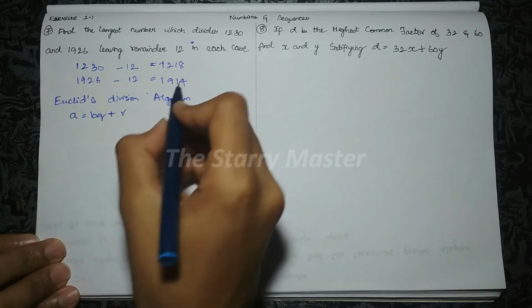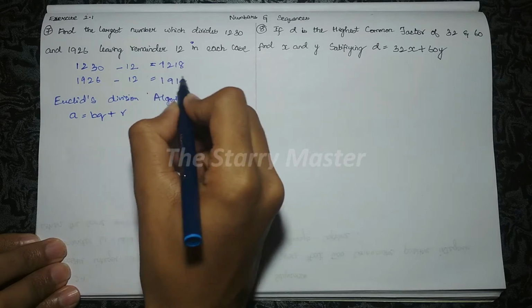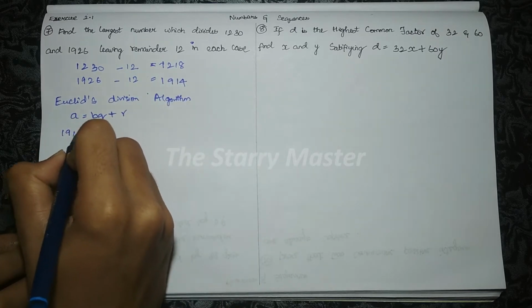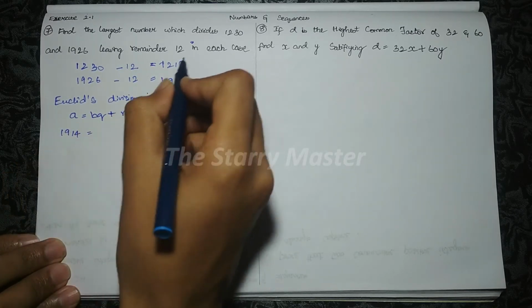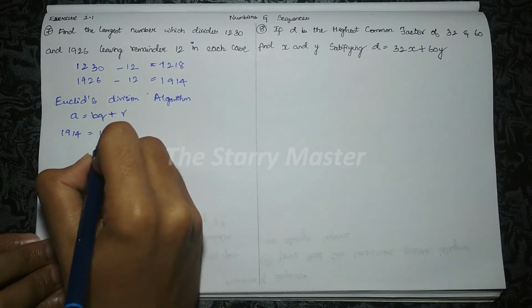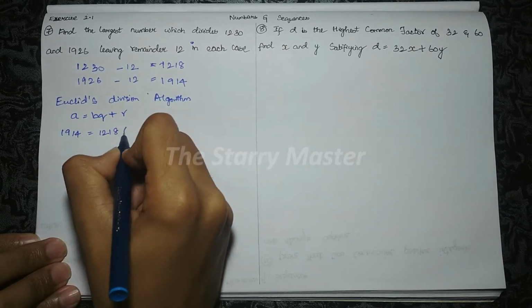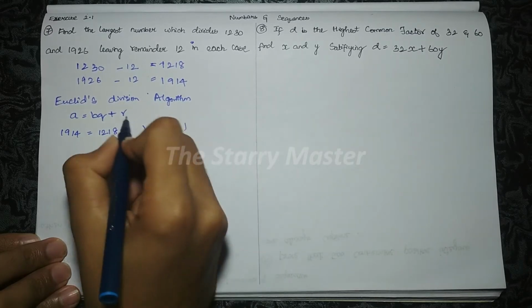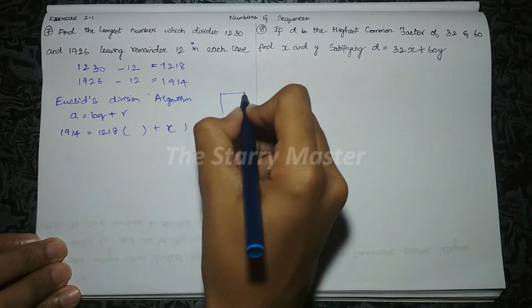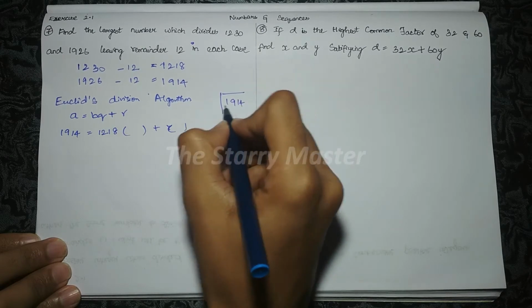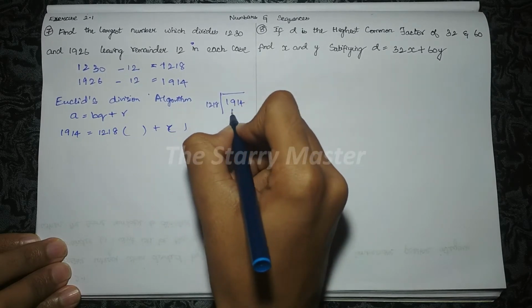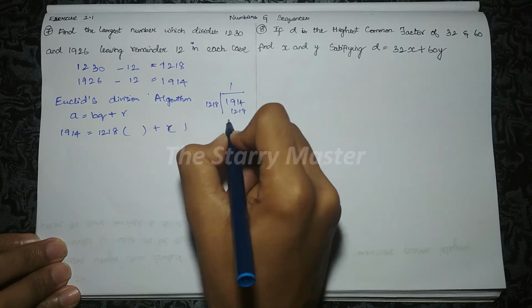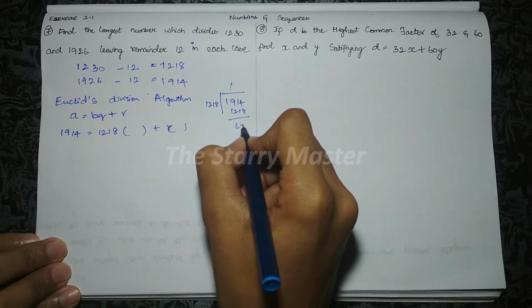In place of a we write the biggest value, so 1914 equals, and in place of b we write the smallest value, 1218, and we have to find the quotient and the remainder. So we take 1914 and 1218. 1218 goes one time, so the remainder is 696.